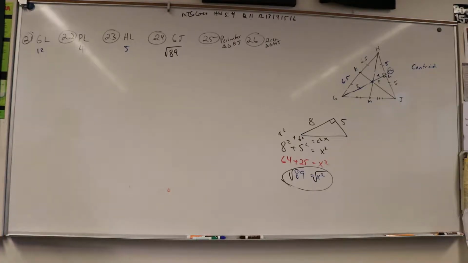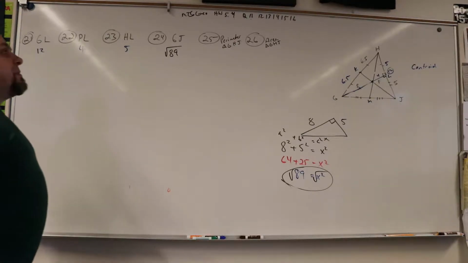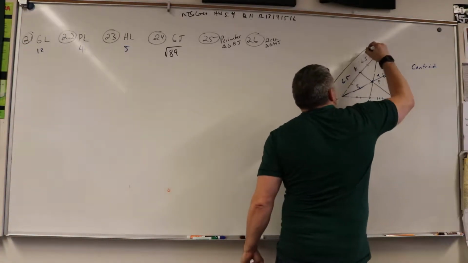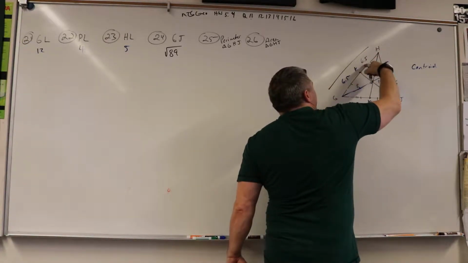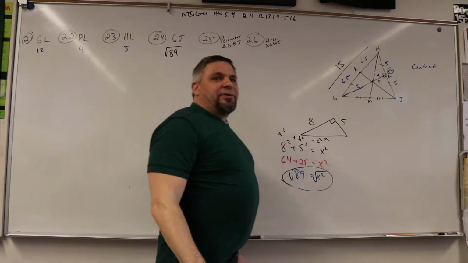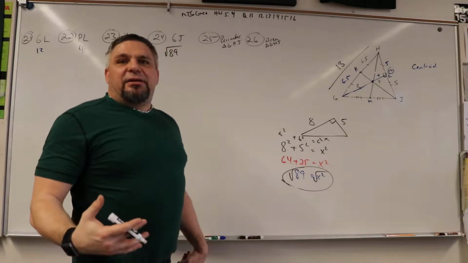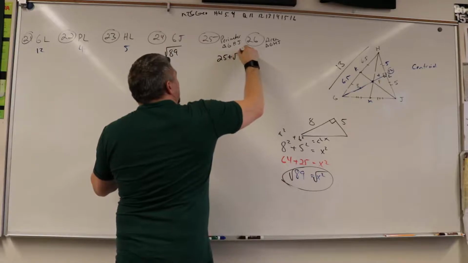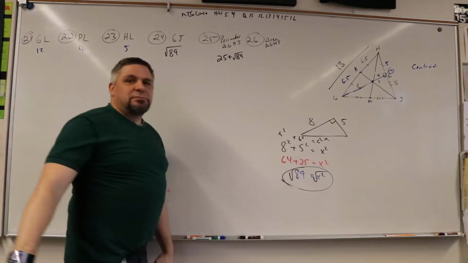Okay? Now they want to know what the perimeter is. Well, if I know that this length is 6.5 plus 6.5, so 13, and this length is 12, and 12 and 13 is 25, then it's going to be 25 plus the square root of 89.